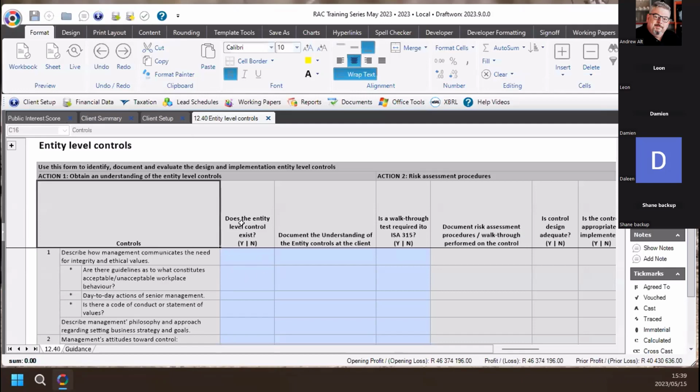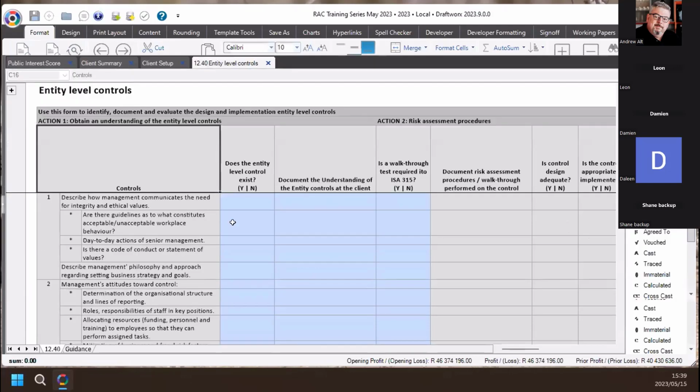The document did exist before, but we are making it a far more critical element of our engagement process. So if you've always skipped 1240 before using RAC, you cannot just skip 1240 anymore. There is a lot of important information in 12.40.